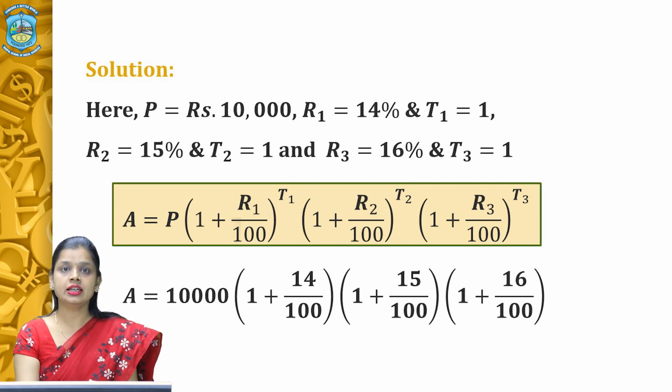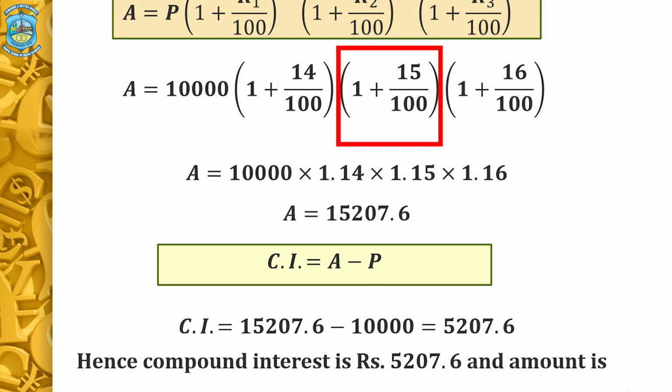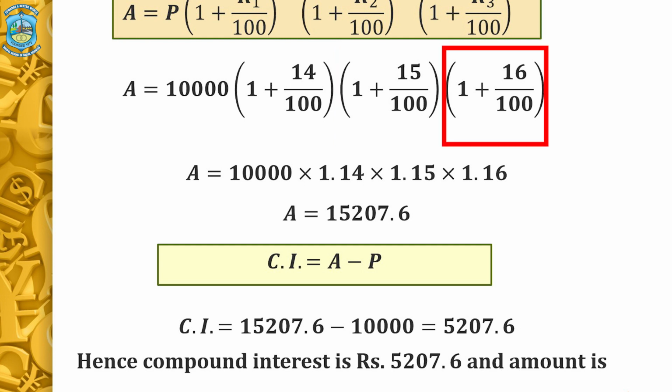Now, we substitute the values of P 10,000, R1 14, T1 1, R2 15, T2 1, R3 16 and T3 1. Next, we calculate the terms within the brackets. In the first bracket, the term becomes 100 plus 14 by 100. In the second bracket, it is 100 plus 15 by 100 and in the third bracket, it is 100 plus 16 by 100.